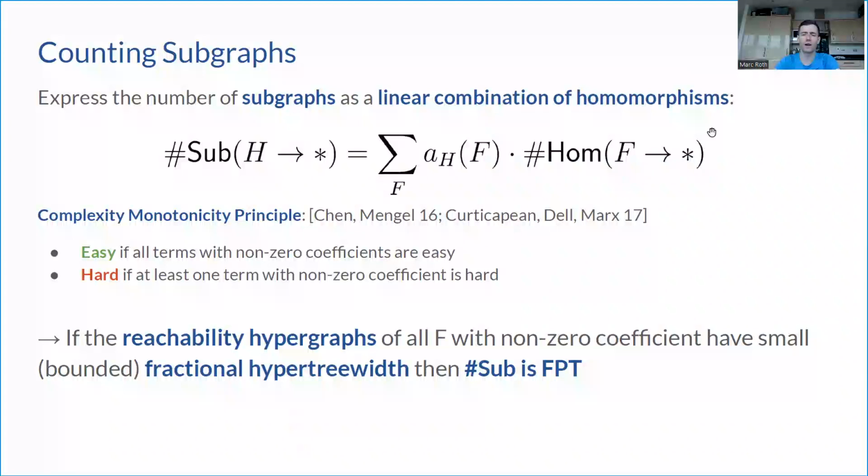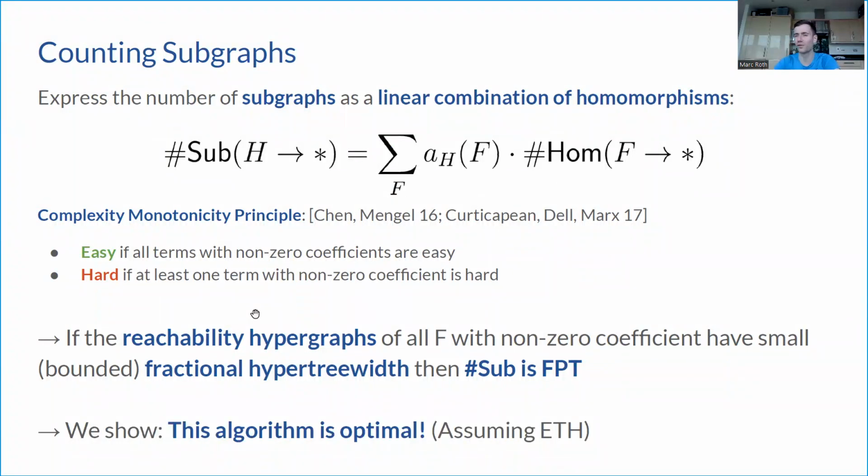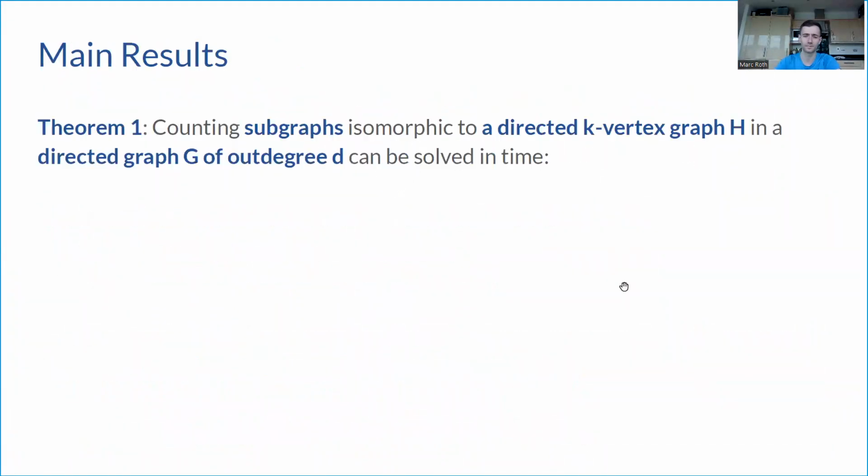And if we find at least one term that is hard to compute, then complexity monotonicity tells us that the problem is hard. And those two actually suffice to fully understand the problem. So essentially our message is that the reduction to #CSP is optimal. Assuming ETH, this reduction to #CSP is the best you can do. Those are all FPT cases you get.